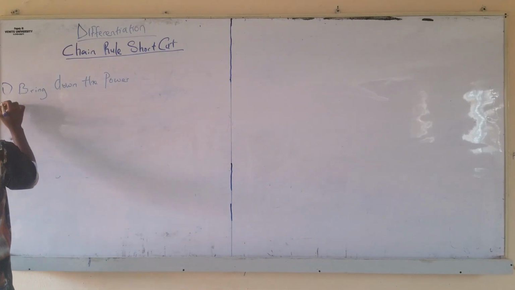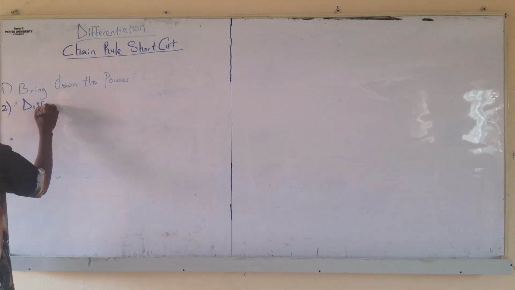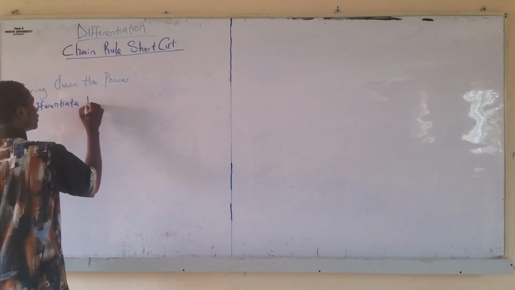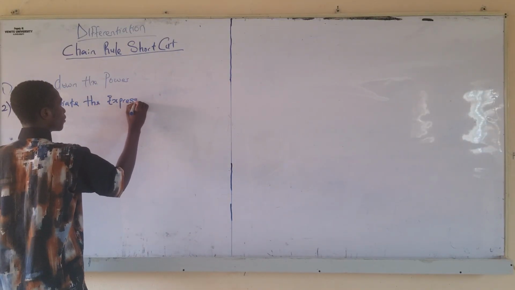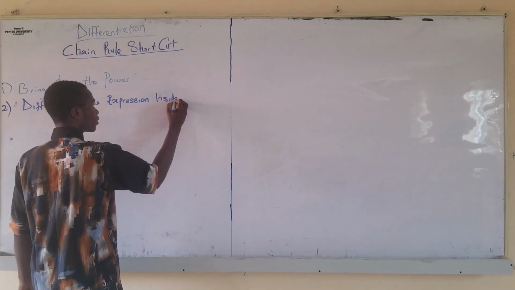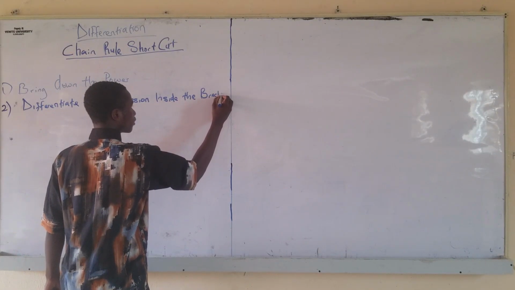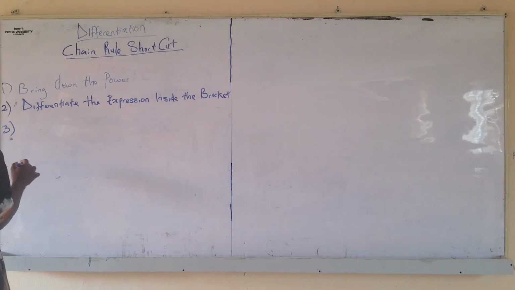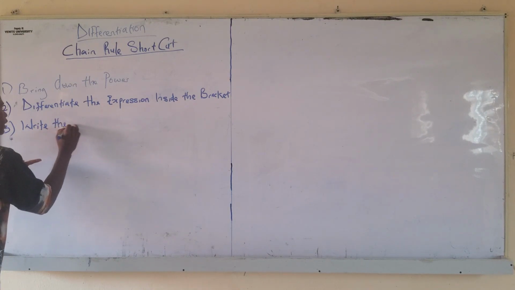The second step says differentiate the expression inside the brackets. The third step says write the bracket unchanged.